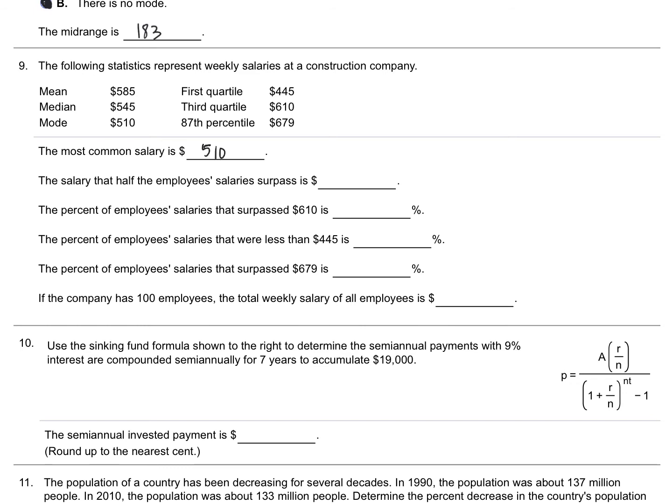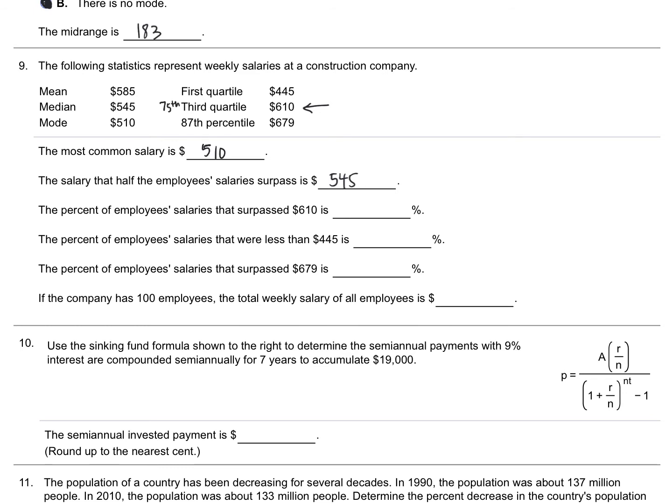So $510. The salary that half the employees' salaries surpass is, so remember that half the employees means right in the middle. So that's at the median. The median is right in the middle. It's at the 50th percentile. So 545. The percent of employees' salaries that surpass $610 is, so here we see the $610. That's in the third quartile. So remember, the third quartile is like the 75th percentile.